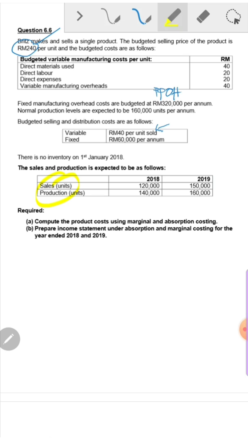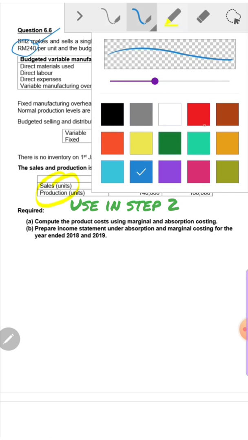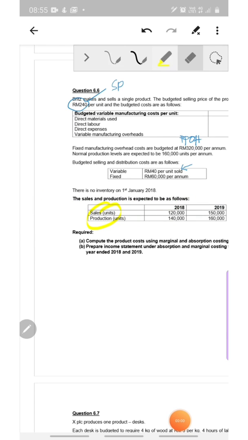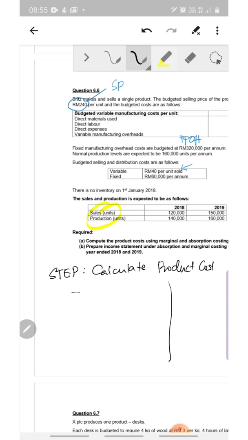Right, let's roughly draw step number 1 and step number 2. So step 1, calculate product cost for both marginal costing and absorption costing.